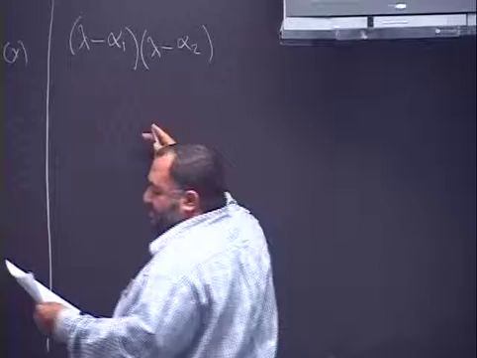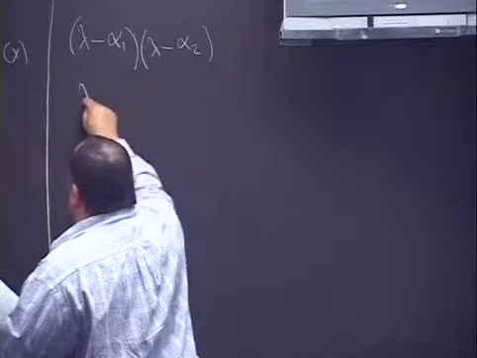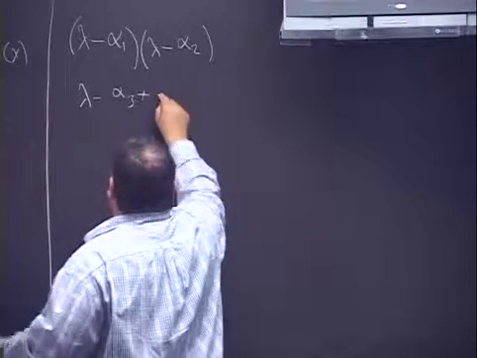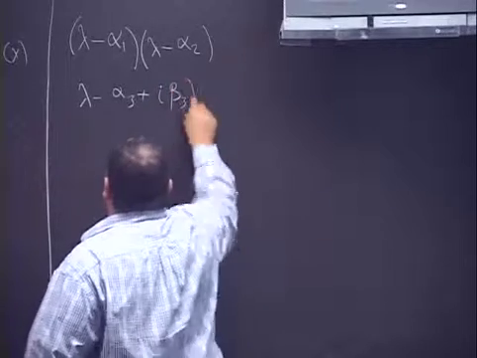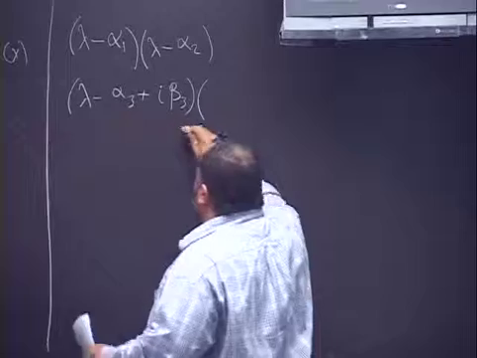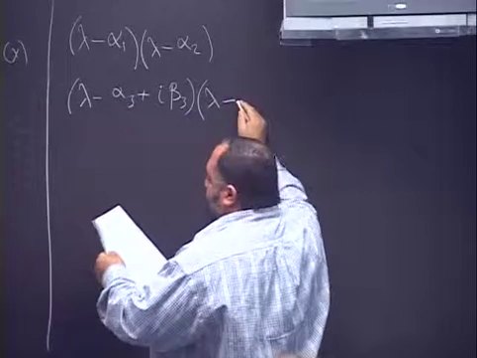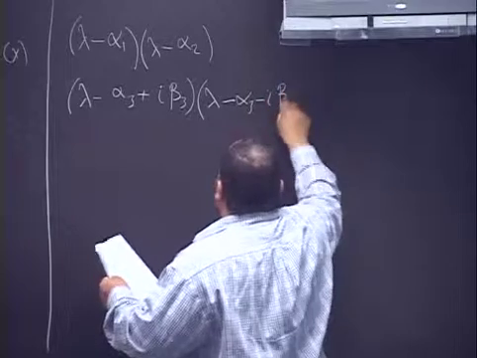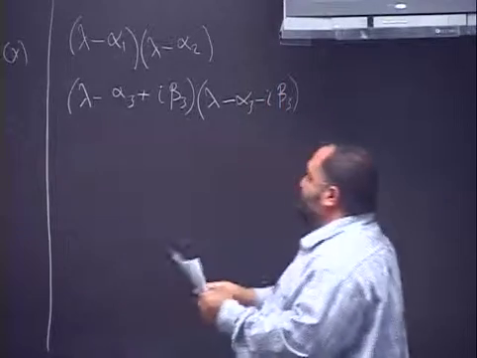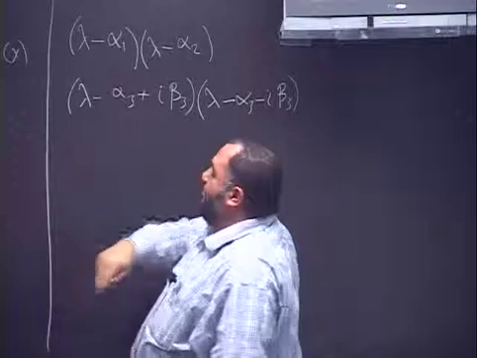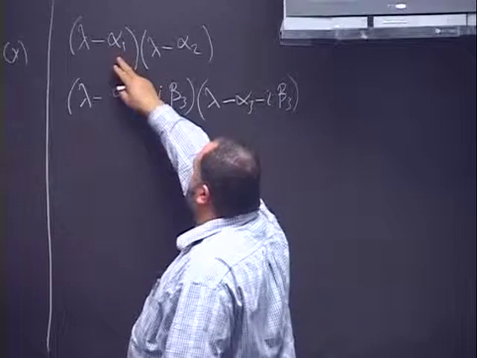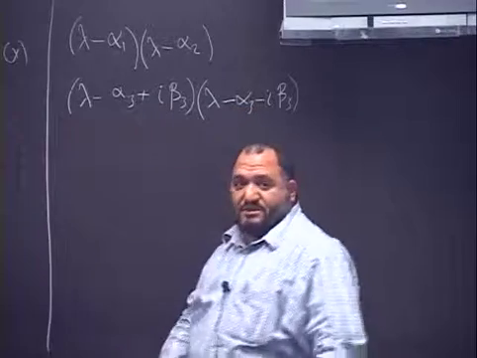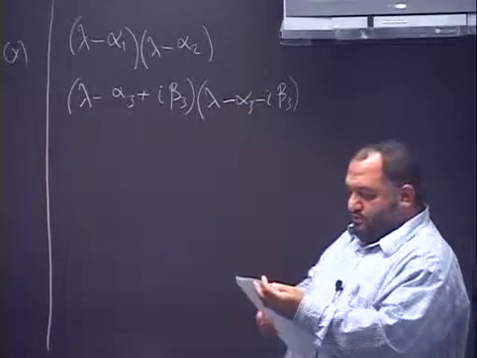And let's assume that the complex conjugate pair is lambda minus alpha 3 plus i beta 3, this is the first of the pair, multiplied by lambda minus alpha 3 minus i beta 3. So let's assume that we have a polynomial with three roots, 1, 2, and this is a complex pair, four roots, for example.